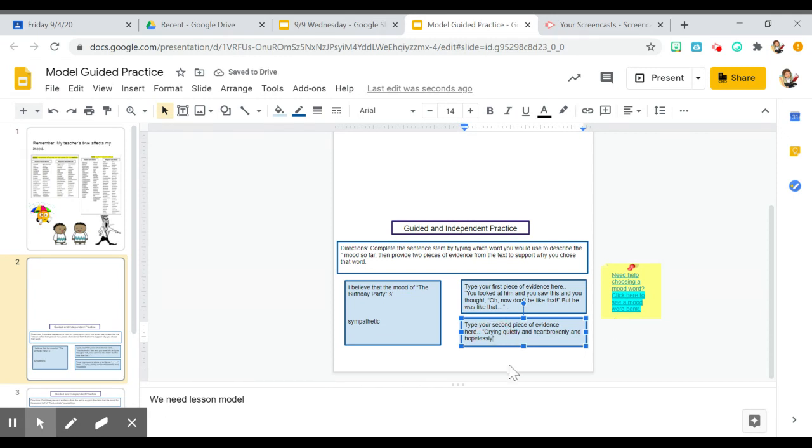And again, that's not the complete quote, so I'm going to put an ellipsis there to say that the sentence continues to go. This text evidence proves that after I read the text, I felt sympathetic because of this evidence from the text.